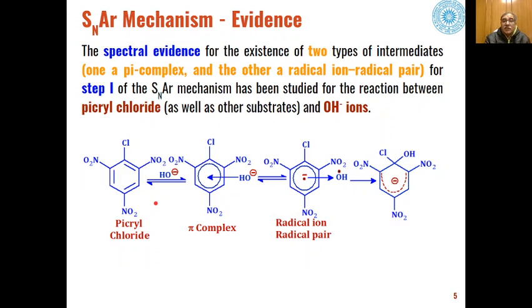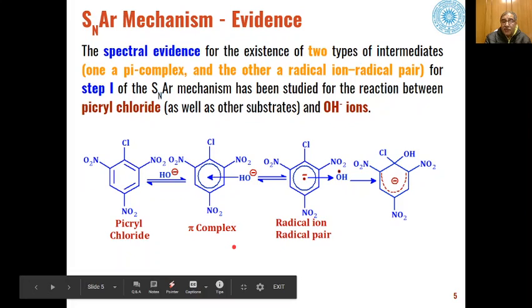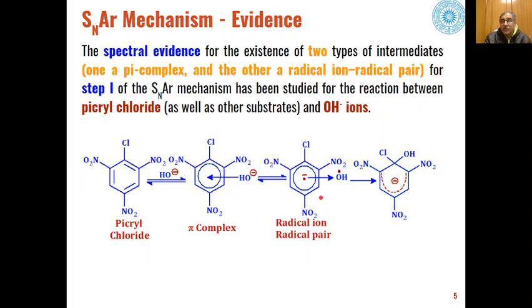This has also been studied through spectroscopy: when picryl chloride is reacted with hydroxide ion, first the hydroxide ion will interact with the aromatic ring and this type of pi complex will be formed, and then this pi complex will change into a radical ion radical pair type of intermediate, which will ultimately be transformed into the intermediate involved in the first step of the SNAr mechanism.